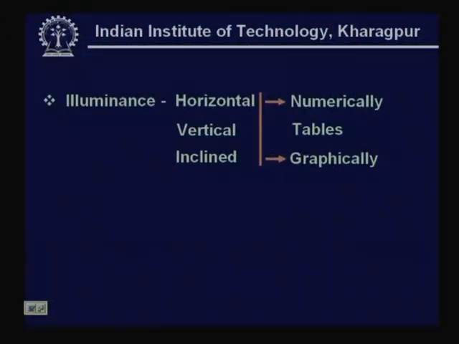So, what are the things that are to be assessed? The things that need to be assessed are, in fact, we are always talking in terms of the recommended levels. Like I say that most theaters and classrooms should have an average illuminance of 300 lux.